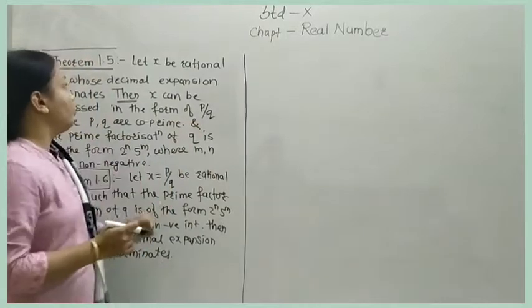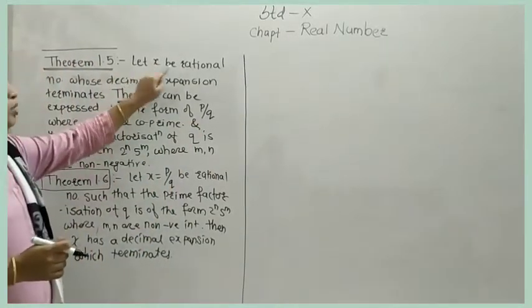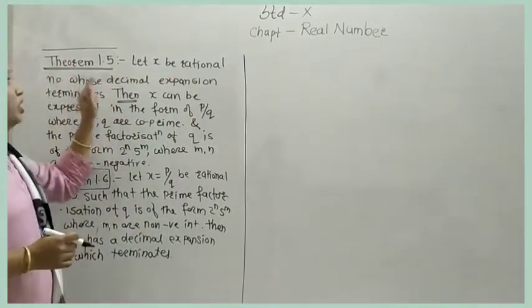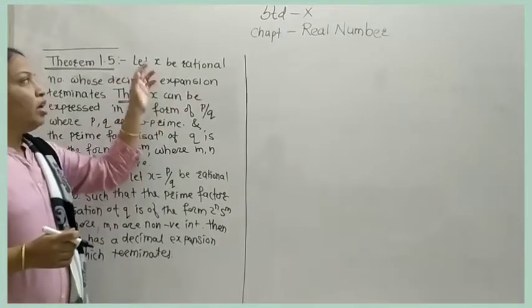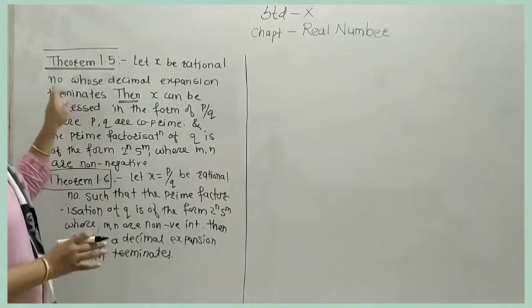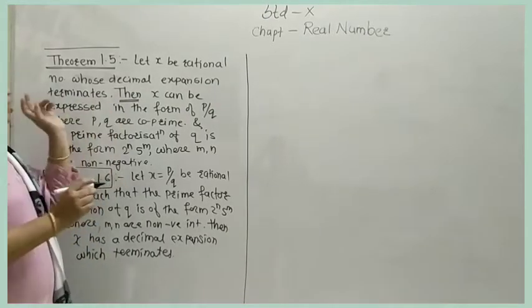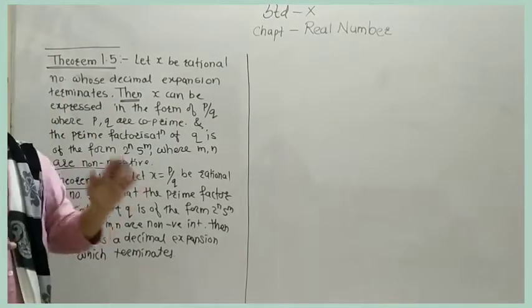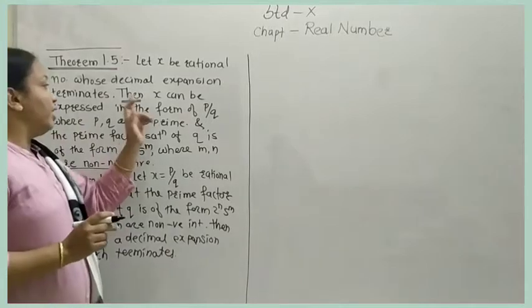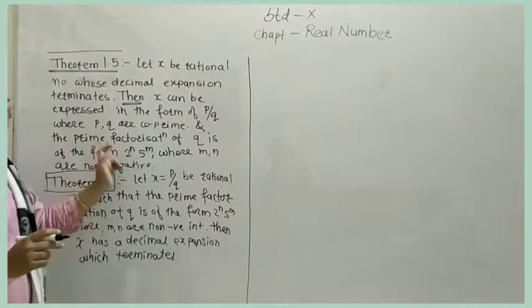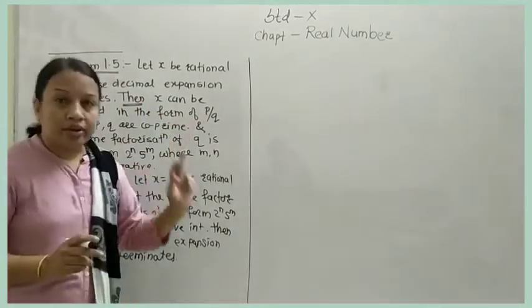Now the first theorem is: let x be a rational number whose decimal expansion terminates, मतलब जिसका decimal expansion terminate होता है, मतलब खत्म होता है. Then x can be expressed in the form p by q.